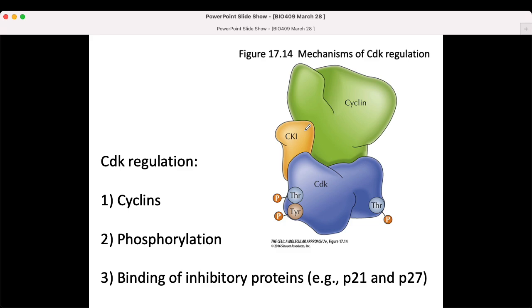You need cyclin made to activate the CDK. So that's the one we've been talking about. We're going to go back and talk some about the binding of inhibitory proteins. We haven't really talked about them yet. And we're only going to talk a little bit about phosphorylation at start.